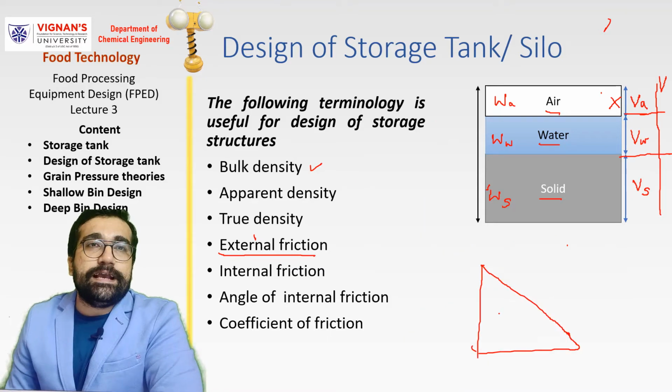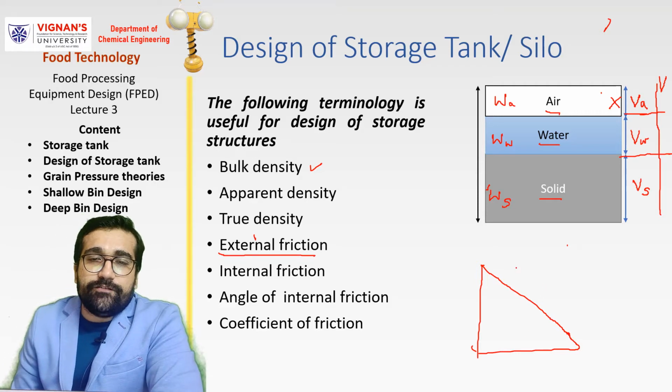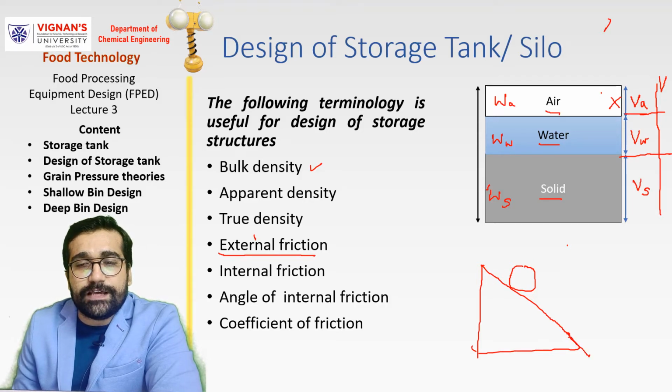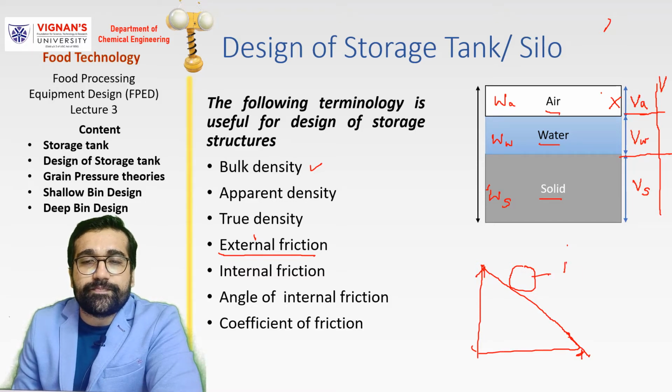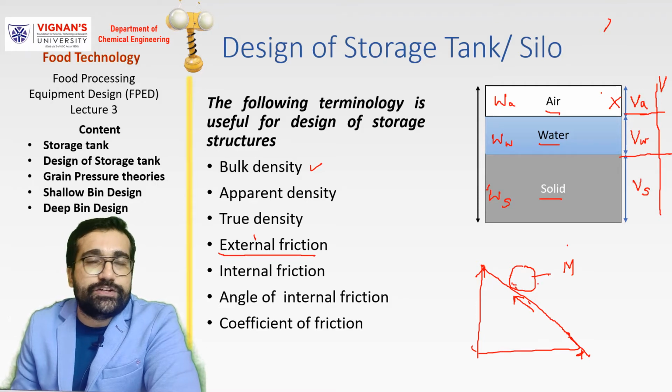So next is external friction. What do we mean by external friction? External friction is the friction between the particle and any external material, any external surface. For example, this is the ground surface, and this is our material M. The friction offered by this surface on this material will be the external friction.